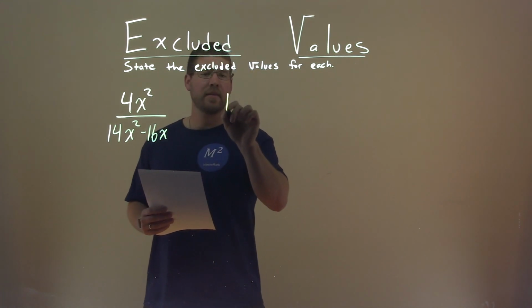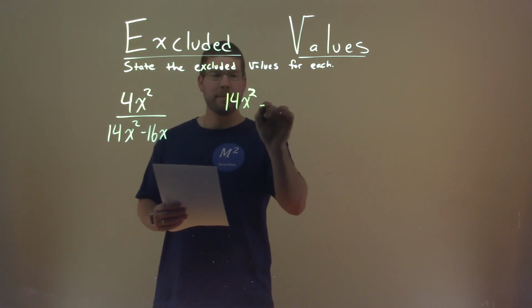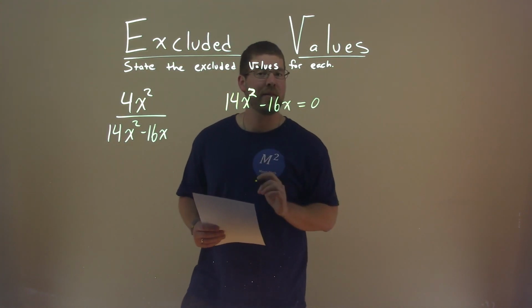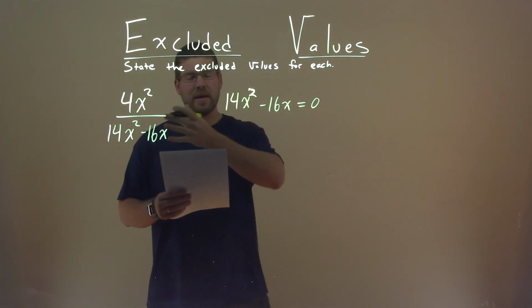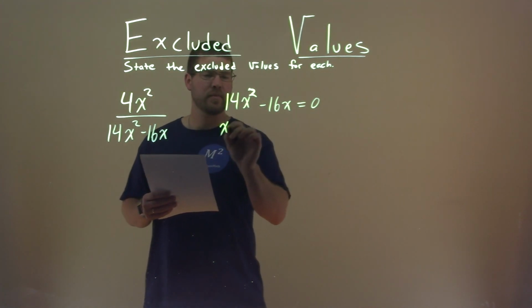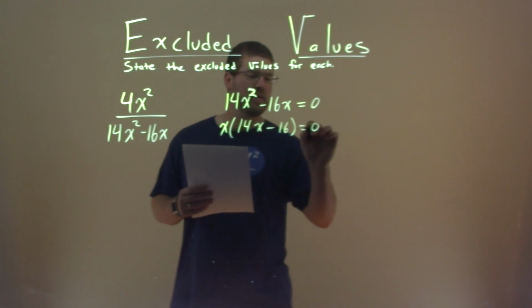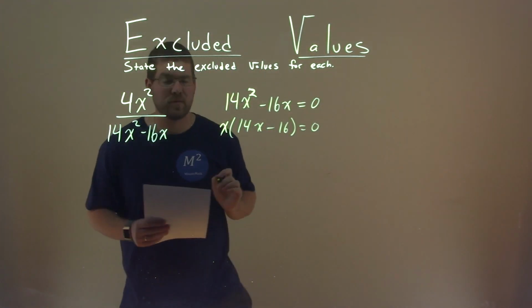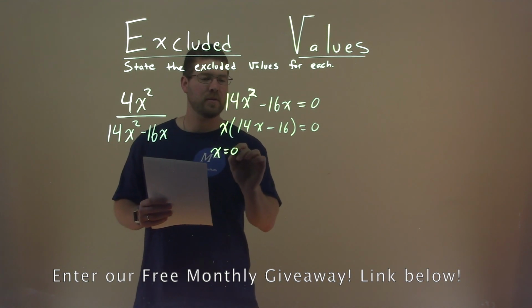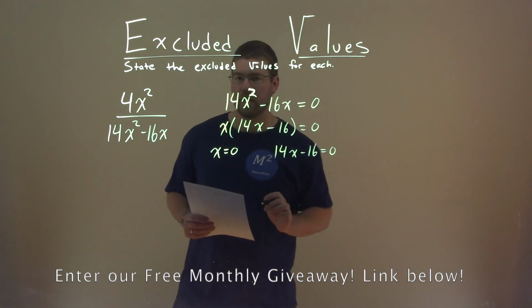So we're going to take that denominator, 14x squared minus 16x, and set it equal to 0 to find the x values that make the denominator equal to 0. I can pull out an x here, since it's in both parts, and we have x times 14x minus 16 equals 0. Now since that's multiplication, we can set both parts equal to 0. So x equals 0, and 14x minus 16 equals 0.